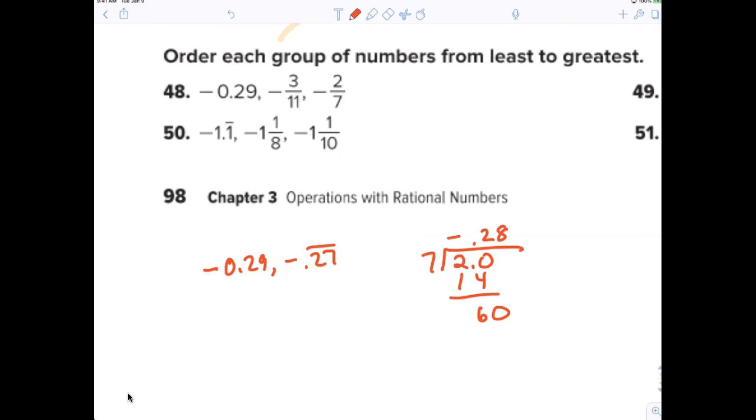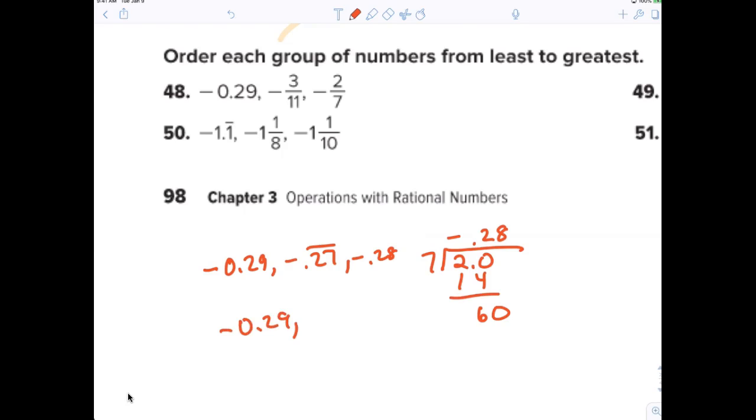These are my 3 numbers. What's the smallest? That's it, correct, buddy. Negative 0.29.